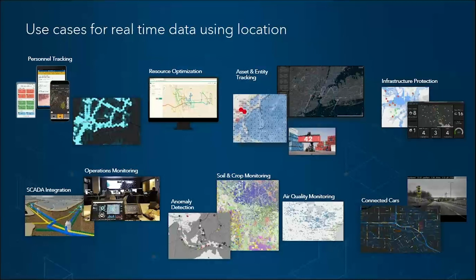More broadly, organizations want to monitor, manage, and optimize their assets, whether it's a fleet of vehicles or valuable hospital equipment, or for today, tracking assets in support of the COVID relief effort. The utility space has SCADA integration and operations monitoring, and in the agricultural and environmental markets, there's crop monitoring and air quality monitoring as well. And in the transportation sector, there's an increasing number of roadway sensors and vehicles that are pushing their positions as well.